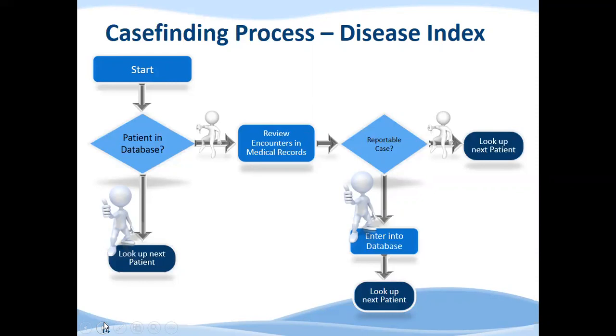Okay, I know that's a lot to take in, but that is a big overview of the case finding process. You will work next semester and actually do case finding and go through that process. Remember, right now, it's just an overview of the main functions of the cancer registry and cancer management as a whole.